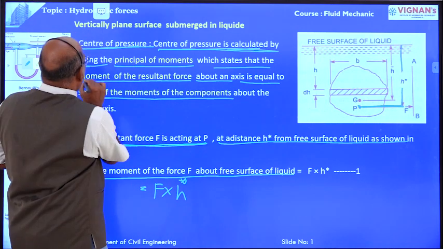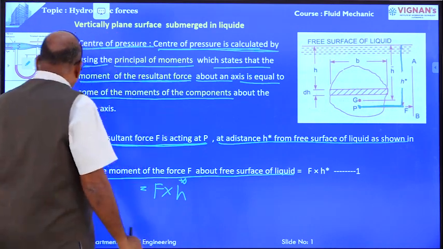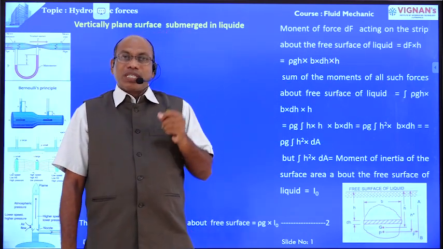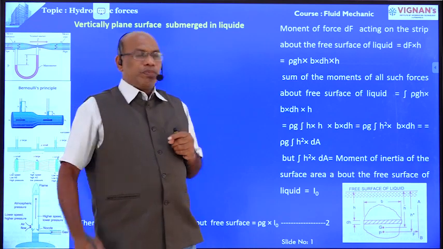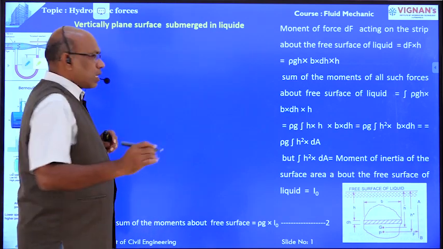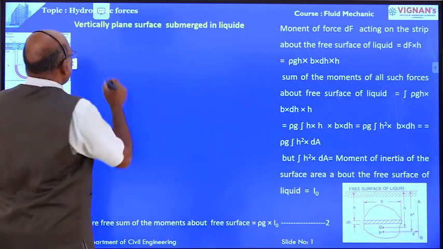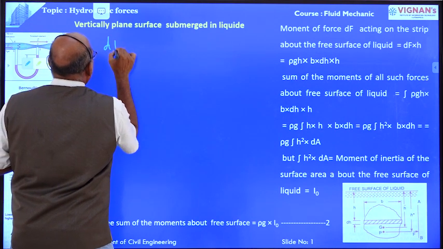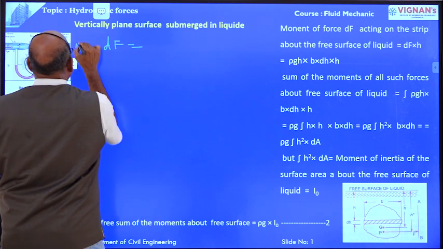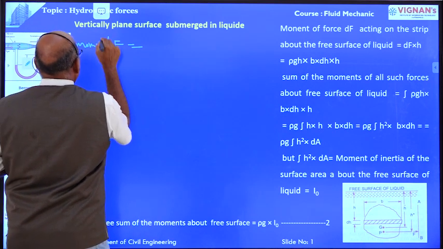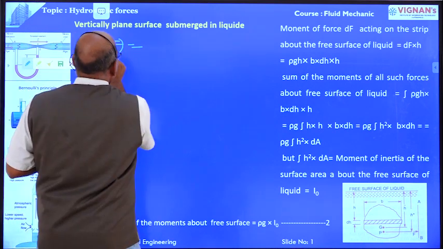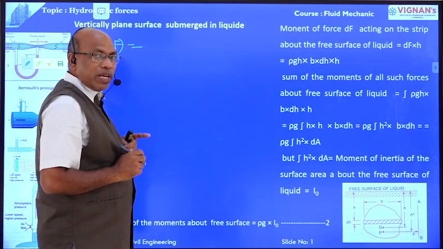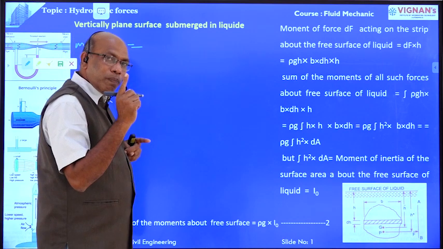This is the first point over. Next point: now we are going to determine the moment of force dF acting on the strip. The moment of force acting on the strip is equal to dF into distance. What is the force on the strip? As already given, it is pressure intensity into area.